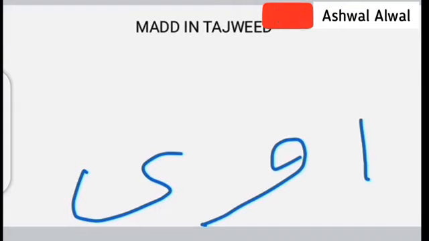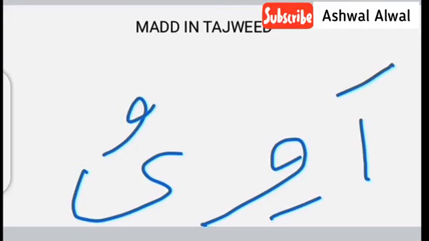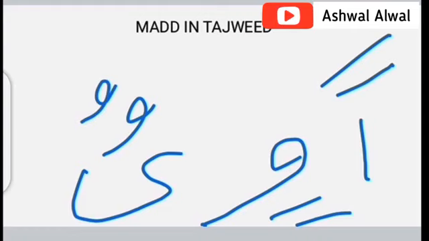Diacritic is just what differentiates letters, something like fatha, kasra, dhamma, or fathatain, kasratain, dhammatain, sukun. All those things are diacritics. So whenever you see either of these 3 letters without any of them on it, then you know that it is a mud.